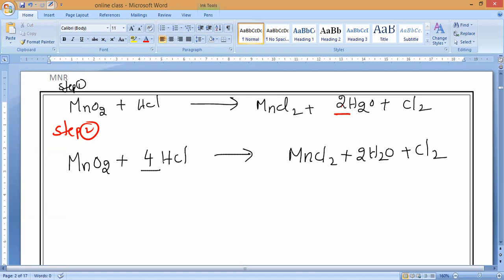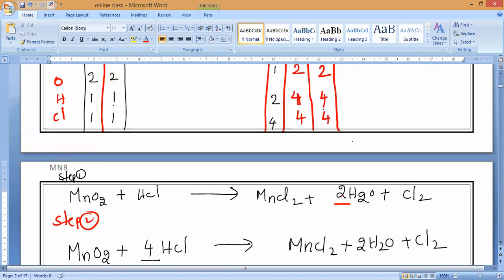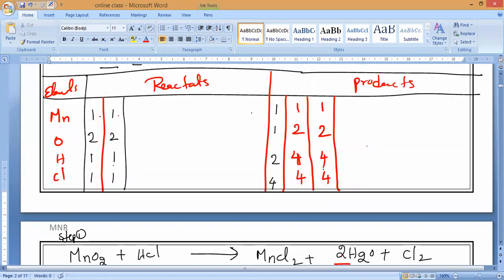Now you can notice it. I tried to balance hydrogen, but chlorine also became 4. So manganese 1, oxygen 2, hydrogen 4, chlorine also 4. Have you noticed it? It's already balanced.